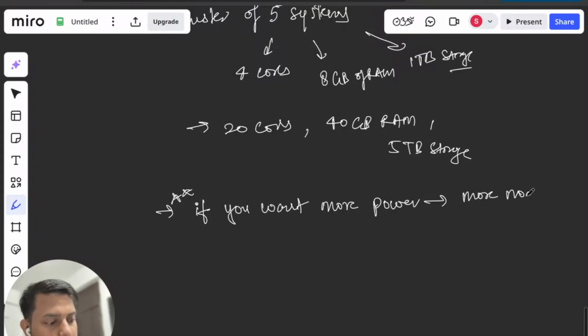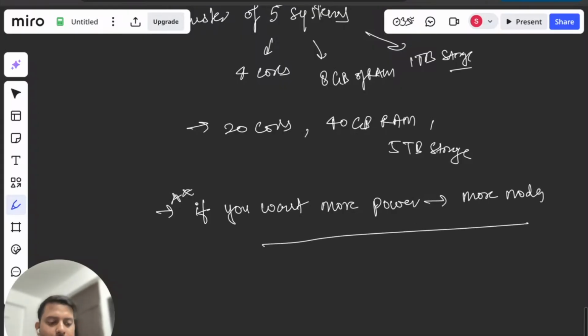If you want to increase the power, you just need to add more nodes. This concept is known as horizontal scaling.